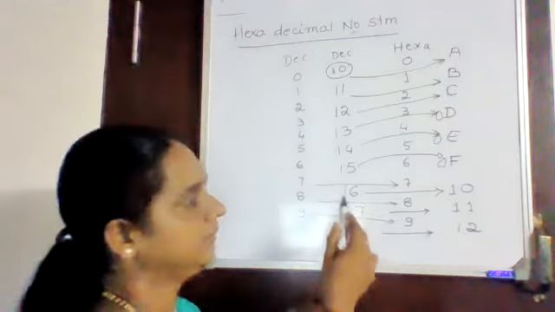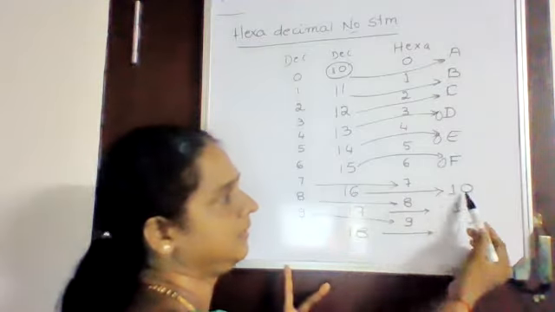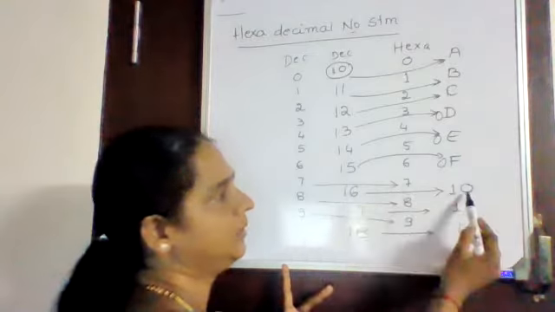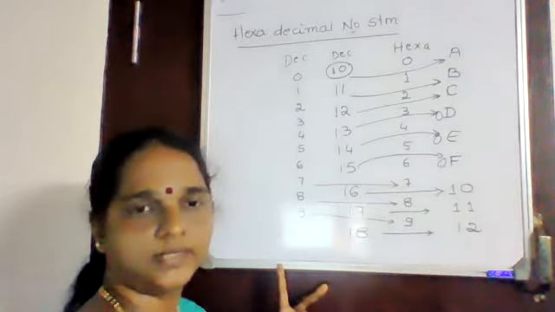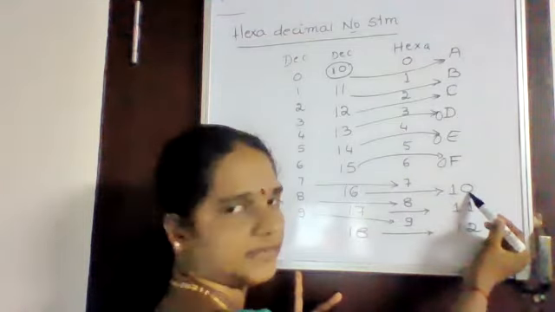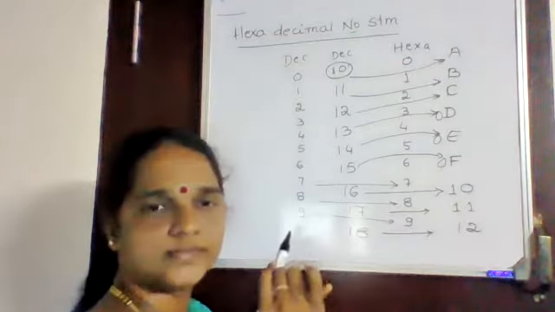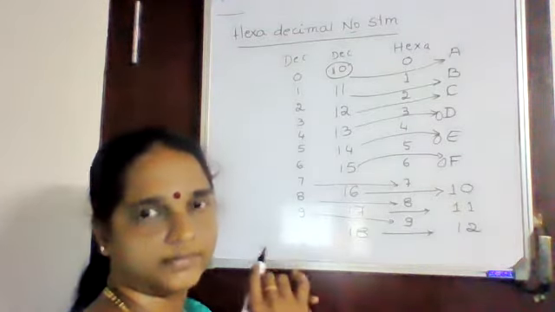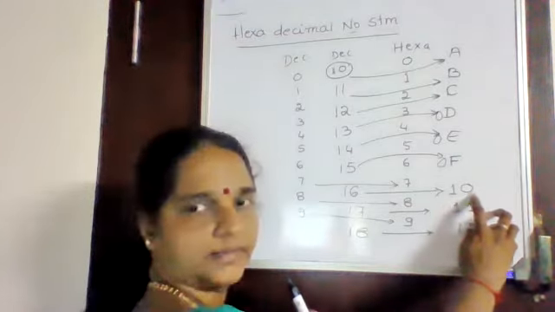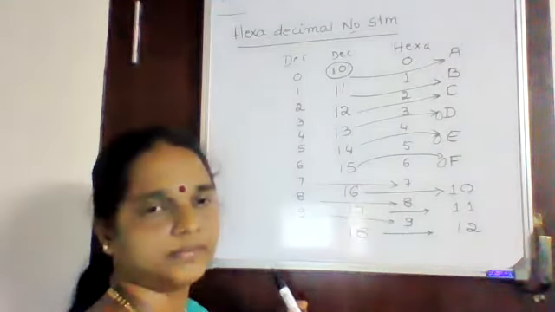Therefore, for the decimal numbers, 10 plus 6 is 16. This is not 10 actually, this is 1, 0. We call it 1, 0, which is equal to 16 in the decimal number system. So the hexadecimal number system has 6 fewer numbers than the decimal number system.